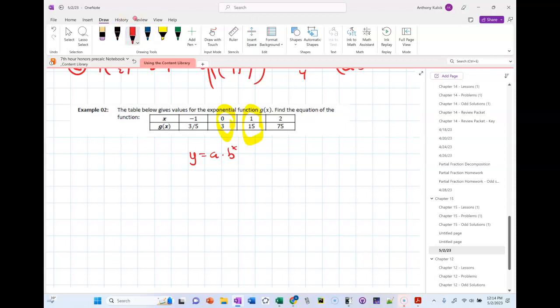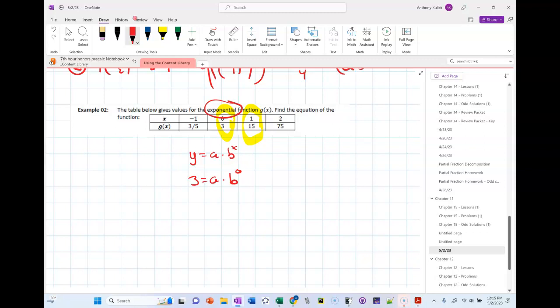So if I use 0, 3, that's an x and a y, right? So I can plug in the x and y. B to the 0 is 1. How do I know b isn't 0, though? It's an exponential, so I know the b has to be greater than 0.